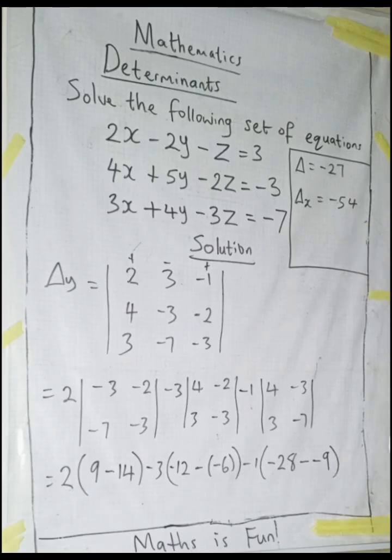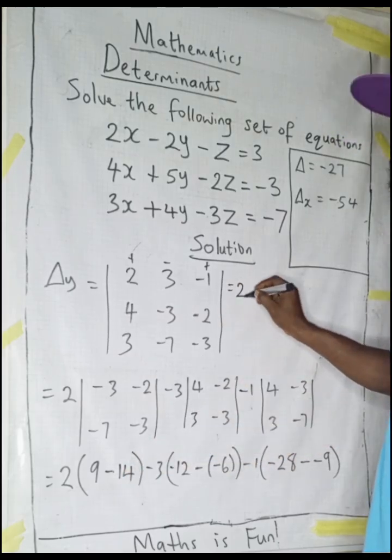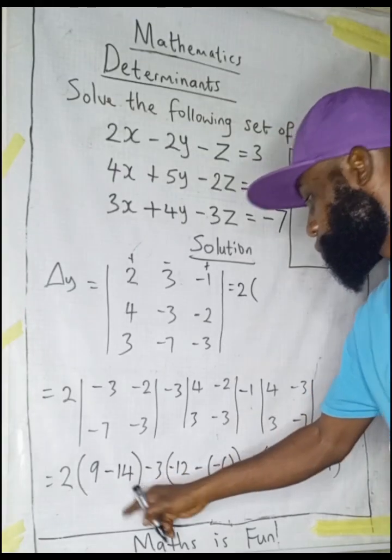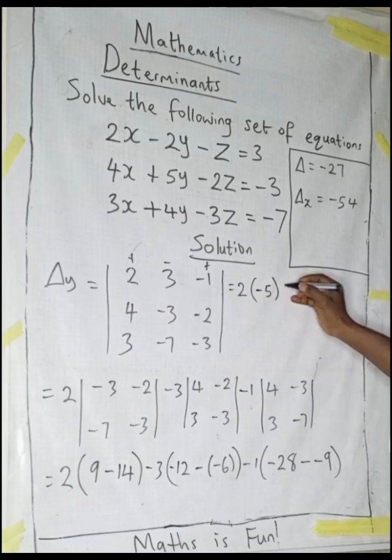So if you check, that's what we are going to have here. Right? So from here we have 2. 9 minus 14 is minus 5. Right? Minus 3. What do we have here?